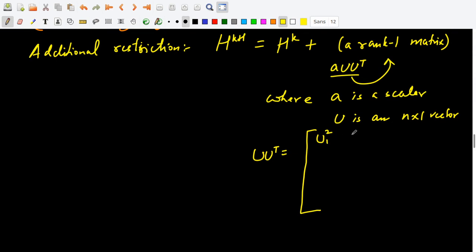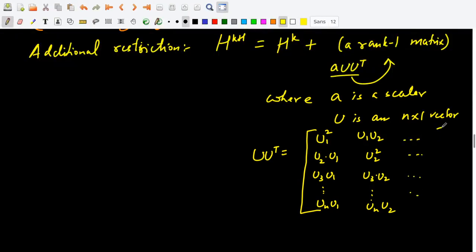First entry would be U1 square, and then if I expand this, we would have U2 times U1, U3 times U1, UN times U1, and you can see that each column of this matrix is a multiple of the first column.